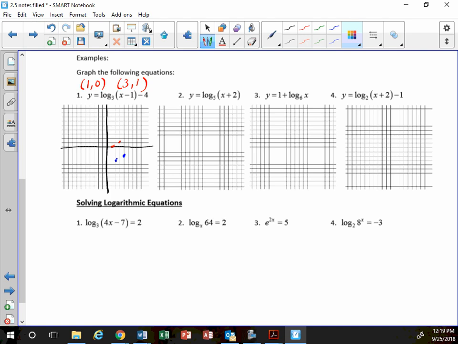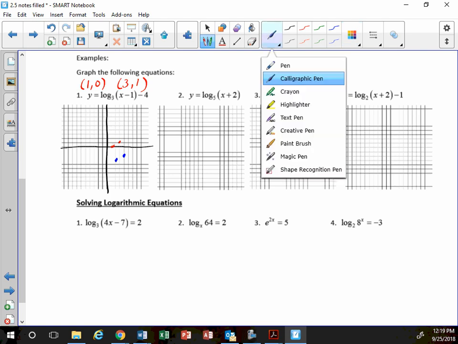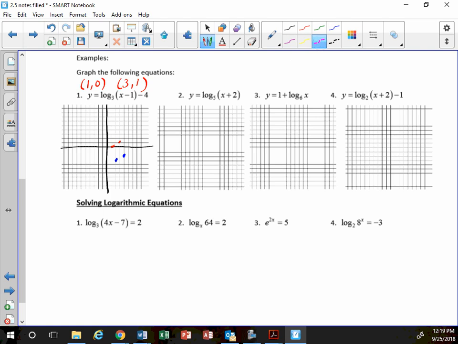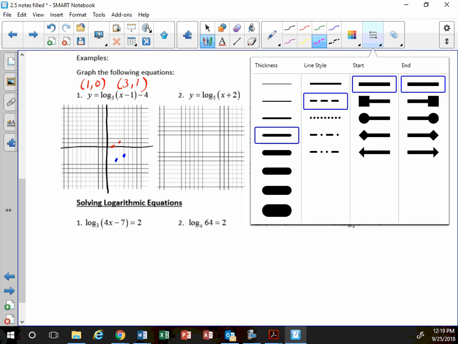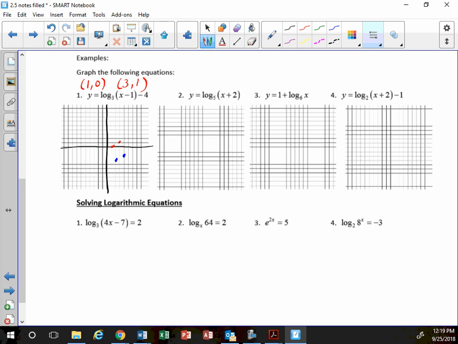Something like that. All right, what kind of asymptote do I have? x equals, and it's been shifted to the right. So yeah, it's at x equals 1.